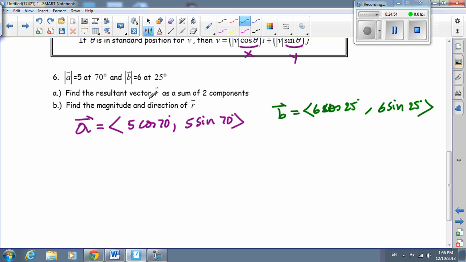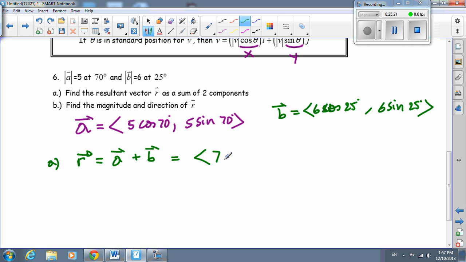Find the measurement of vector R as the sum of two components. R will be the sum of these two components, which is equal to A plus B. Using your calculator, you will do 5 cosine 70 plus 6 cosine 25.